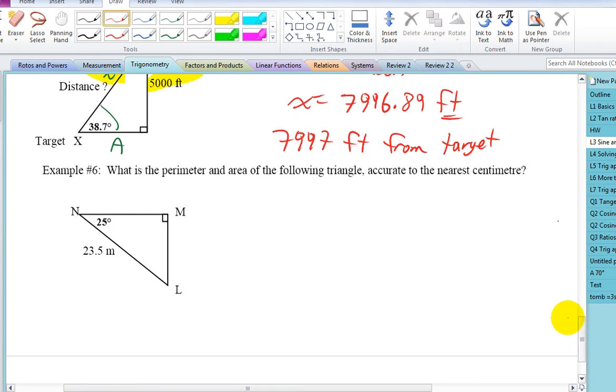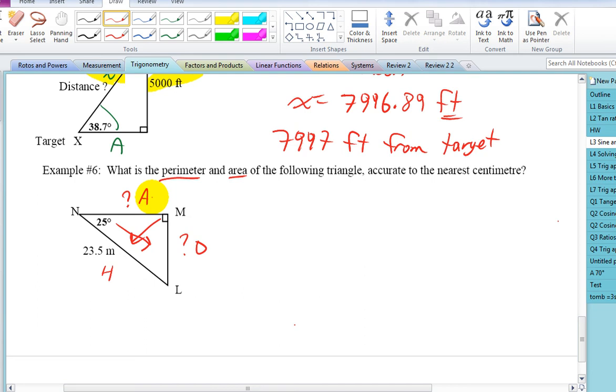Okay. Last one. We have to find the perimeter and the area. So basically, in order to find the perimeter and the area, we need to know those two sides. So let's label our HOA first. What side do you want to find first, ML or NM?